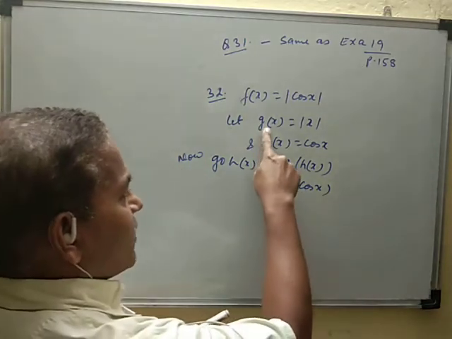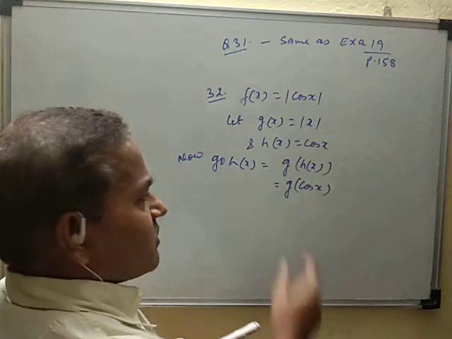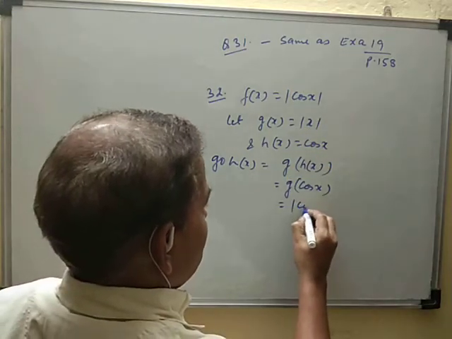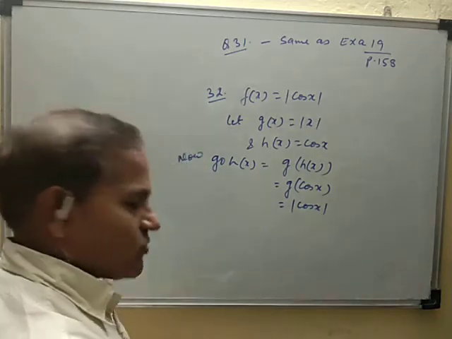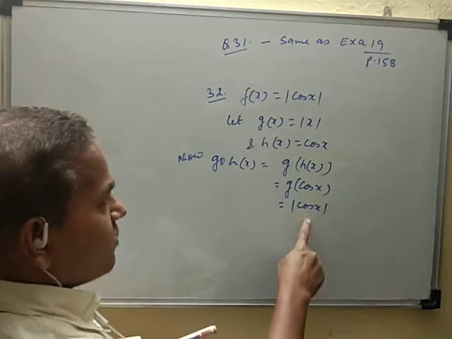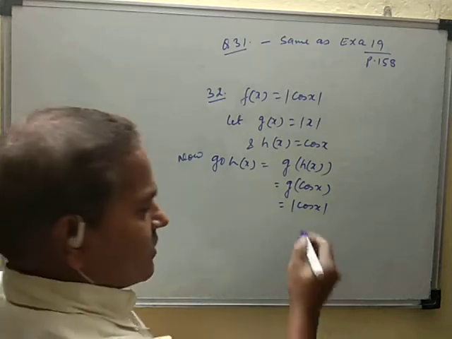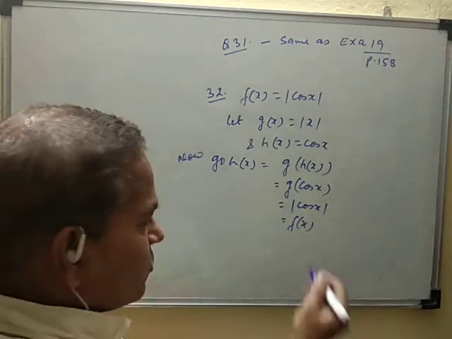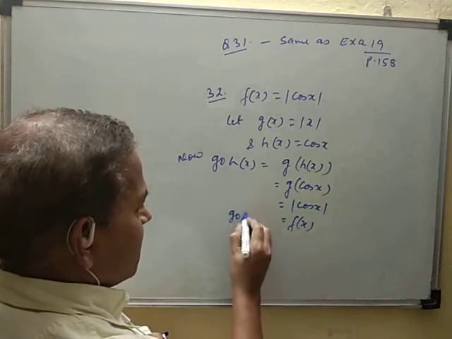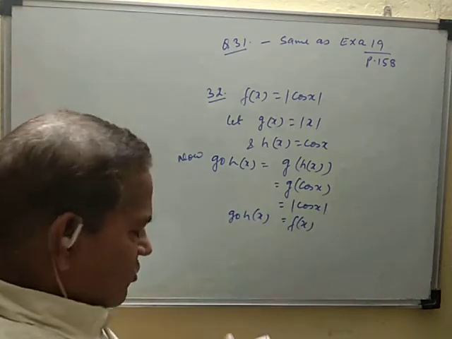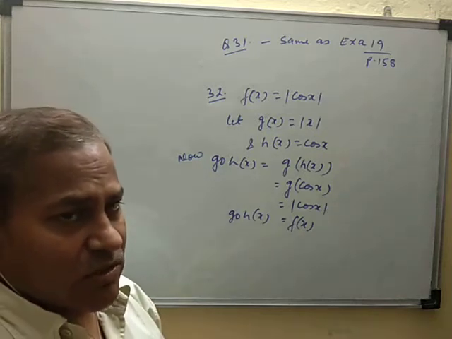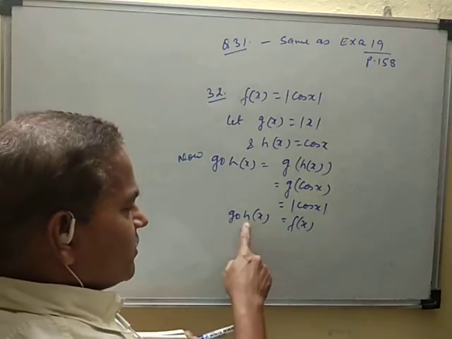And what is g of x? G of x is mod of x. So here g of cos x is mod of cos x, and mod of cos x is f of x. So this is equal to f of x. So f of x is the composition function of g and h.